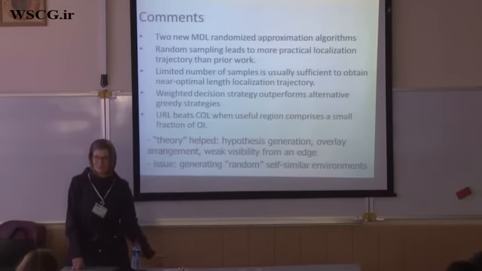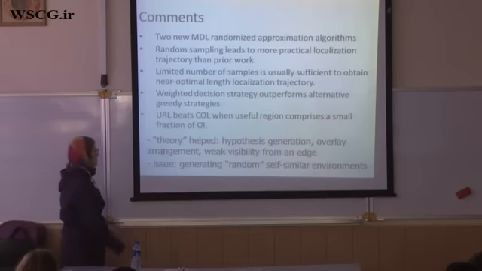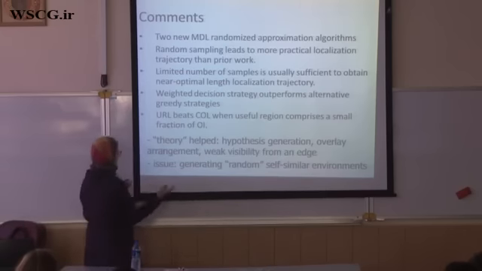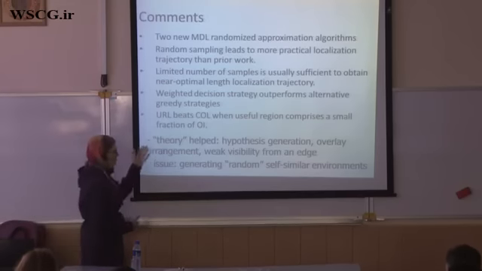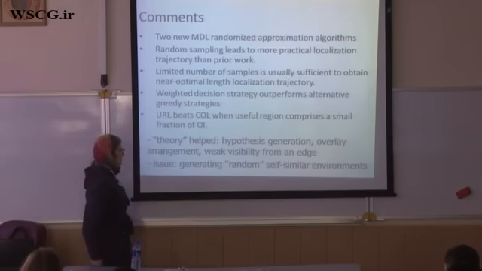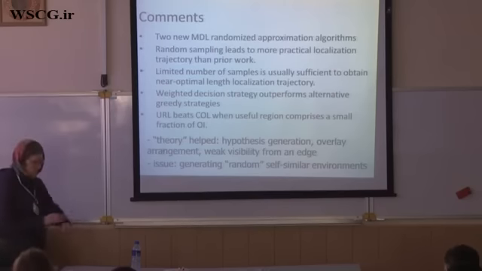It's just not the way people moving around robots think. So it was an interesting combination of points of view here, doing simulations, but also informing the strategy by concepts from computational geometry. And I mentioned generating self-similar environments is a tricky thing.